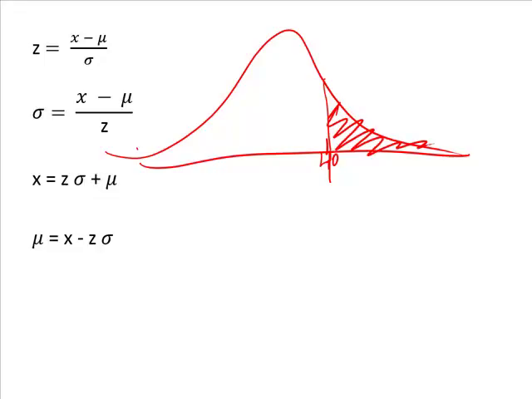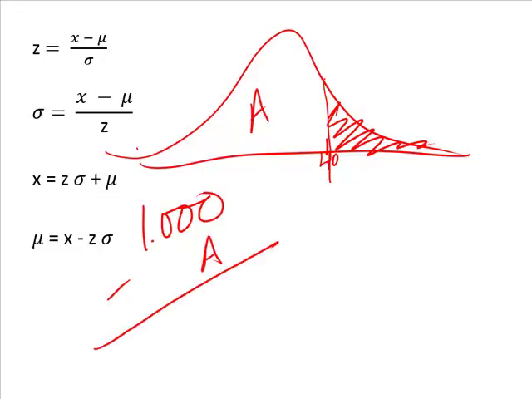The chart doesn't give me the area to our right. It gives us the area to the left. So what we do is, knowing that the full curve is full of 1, we find this area here to subtract it, and the leftover is the shaded area. Does that make sense? Okay.